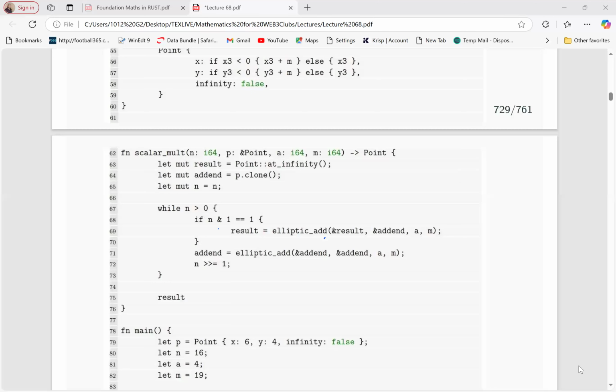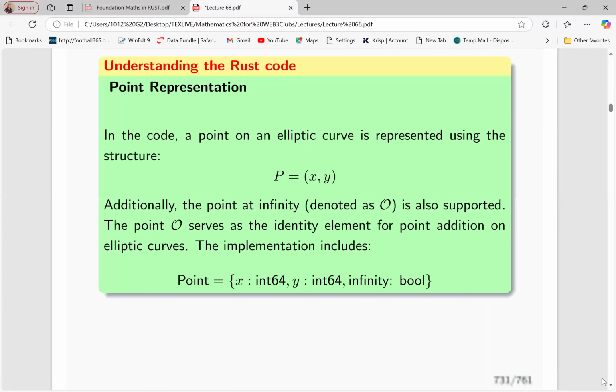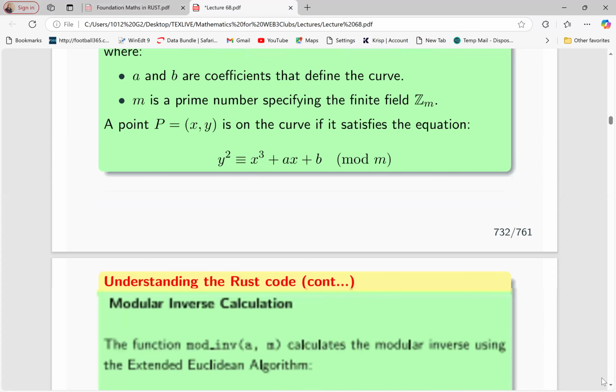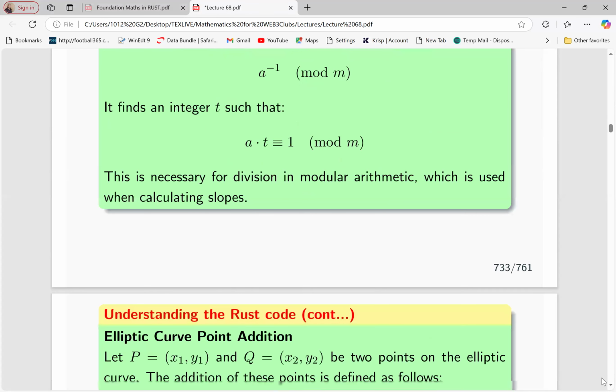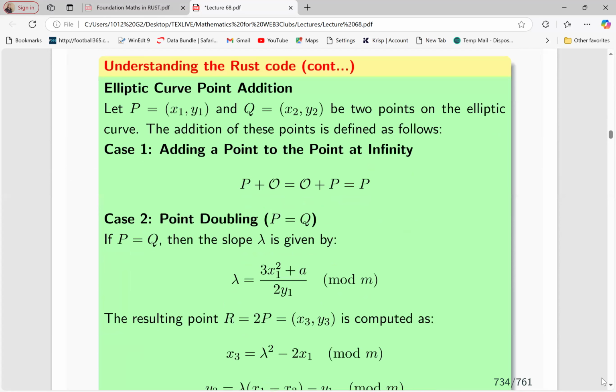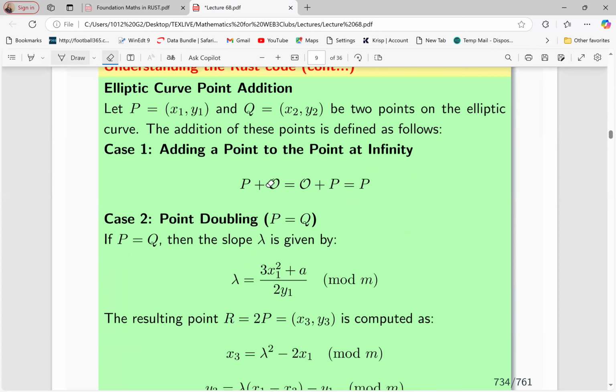Now, that is about scalar multiplication. We multiply a point by a scalar, and under understanding the Rust code, I've explained how the code will be working and so on. Even in this part, I'm showing point addition: what is happening when p is at infinity, or q is at infinity.